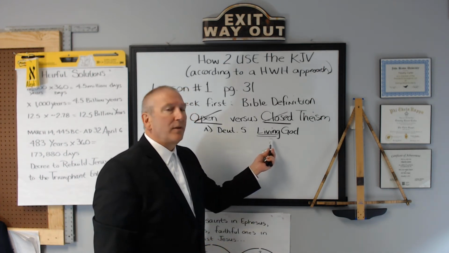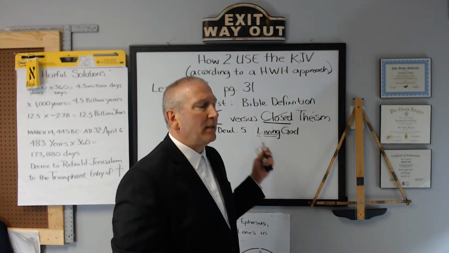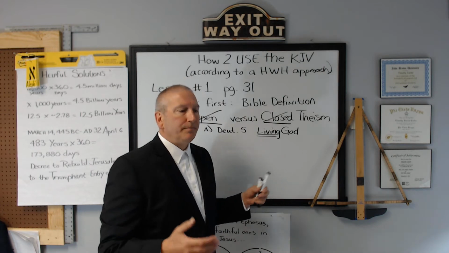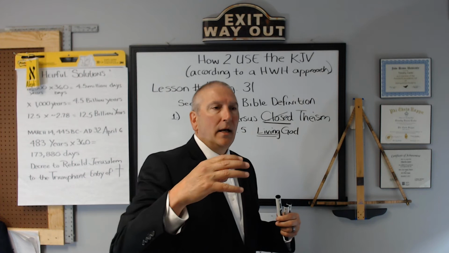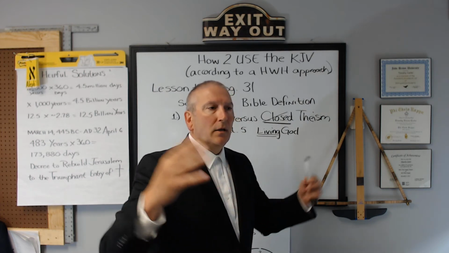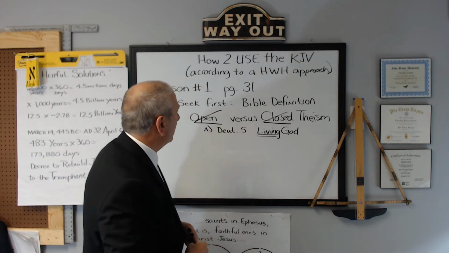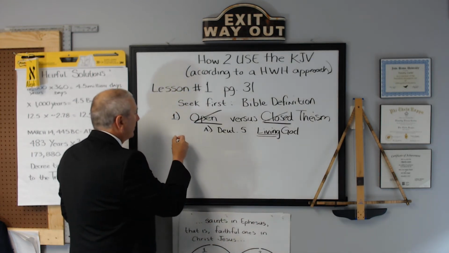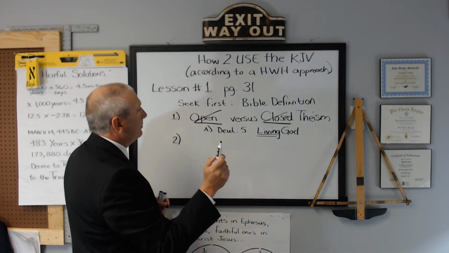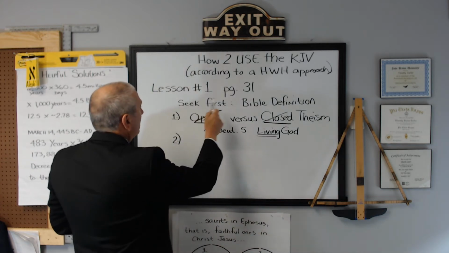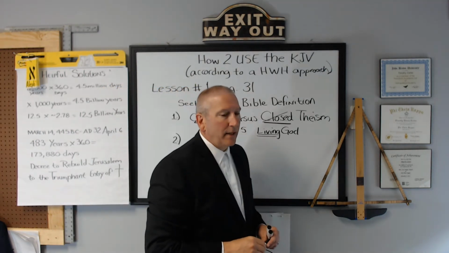You can find this phrase in the Bible approximately 30 times, all the way to the last book of the Bible, when the contrast between the living God and idol worshipers has escalated. So there's quite an implication there. Let's go on to number 2 and see what else we can do. If we take a historical holistic approach to the Bible, use biblical interpretation, lesson number 1, page 31, number 4, seek first the biblical definition.